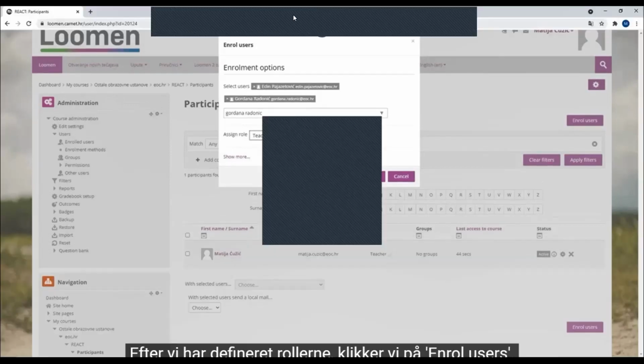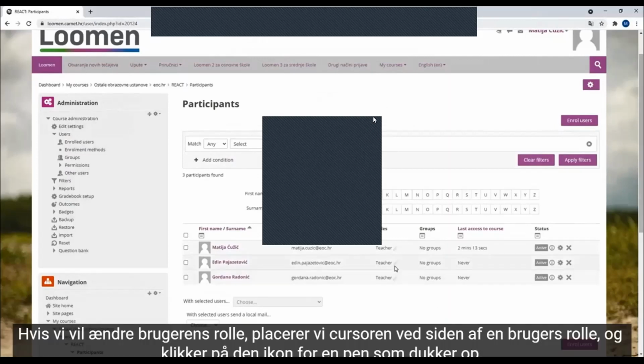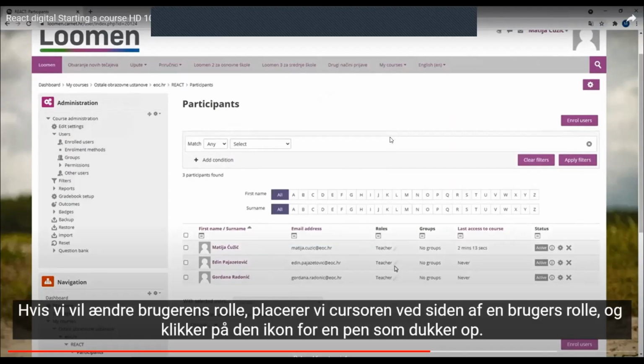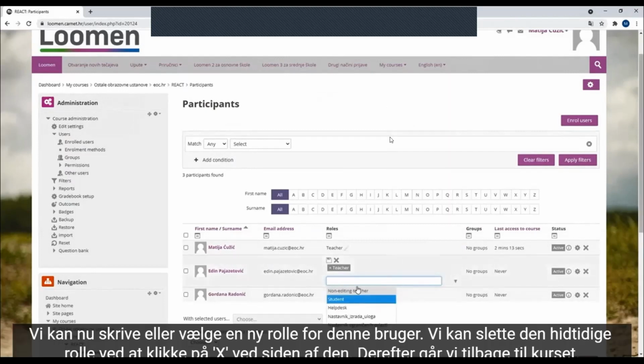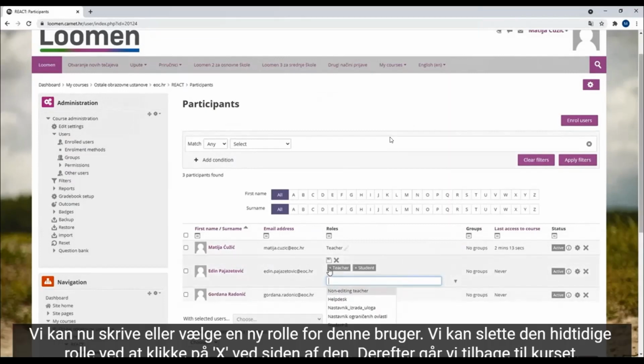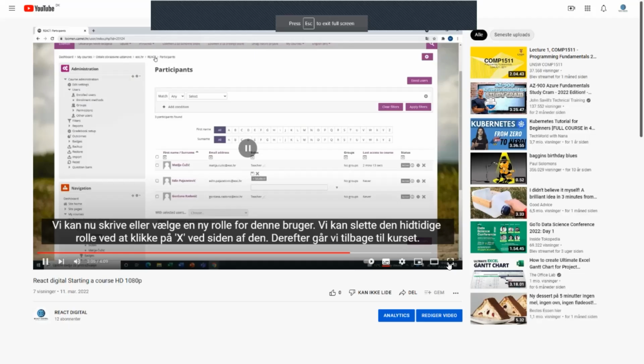After defining the roles, we click on Enroll Users. If we want to change a user's role, we put the cursor next to the user's role and click on the icon of a pen that shows up. We can now write or select a new role for this user. We can delete the previous role by clicking on the X next to it. And then we go back to the course.